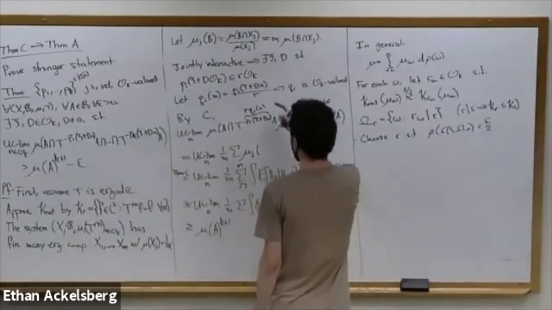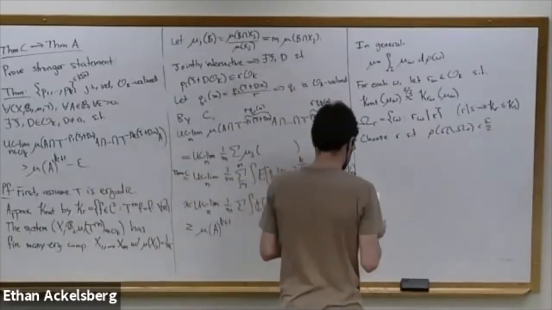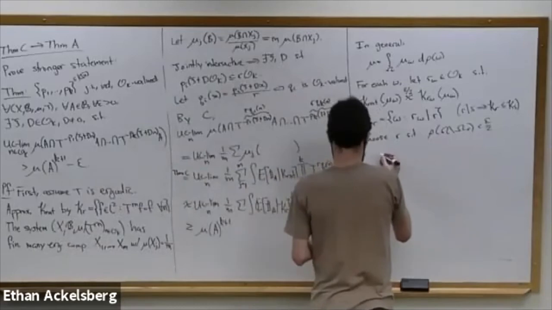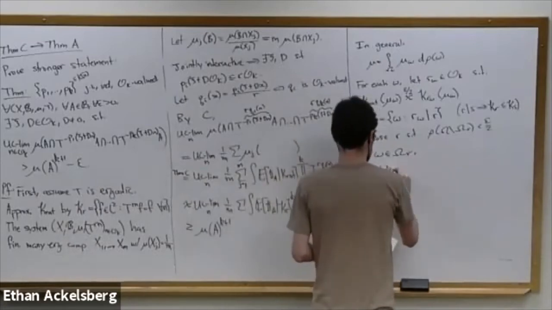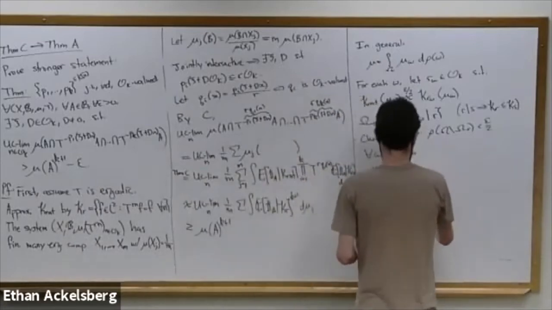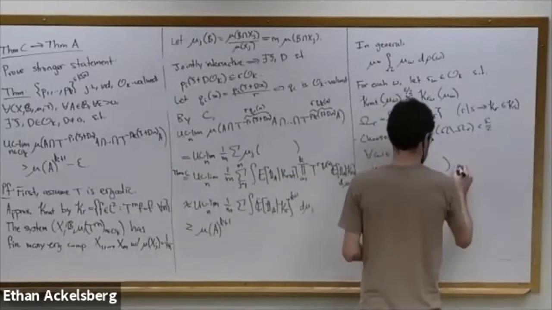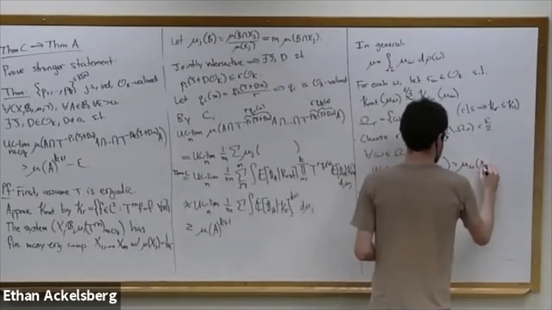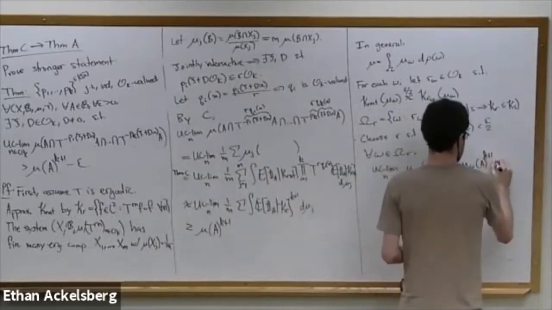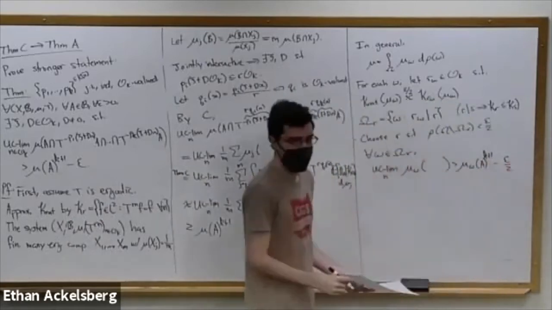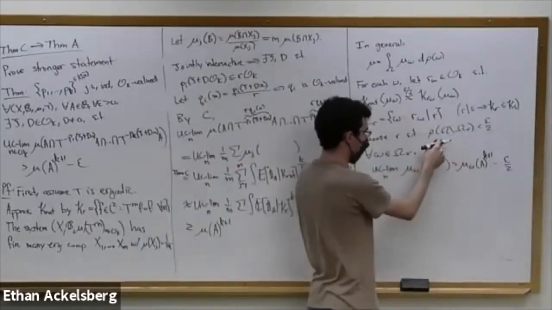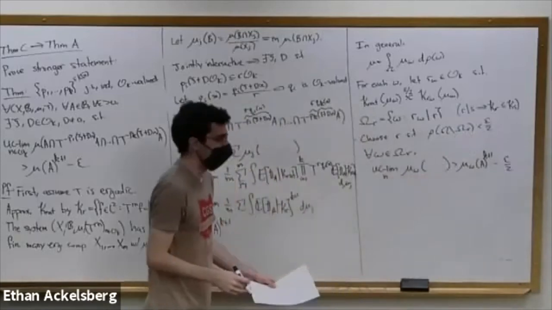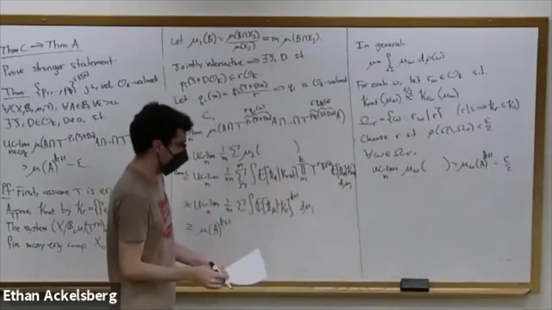So as I said, C and D only depended on R and not the dynamics. So for every omega in omega sub R, we can get the expression with mu omega to be at least this big, the epsilon over 2 coming from this approximation, and then we'll get another epsilon over 2 from this part when we apply Jensen's inequality.